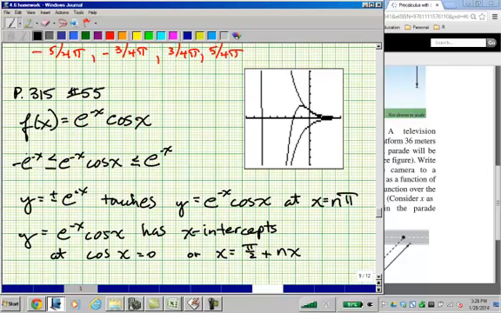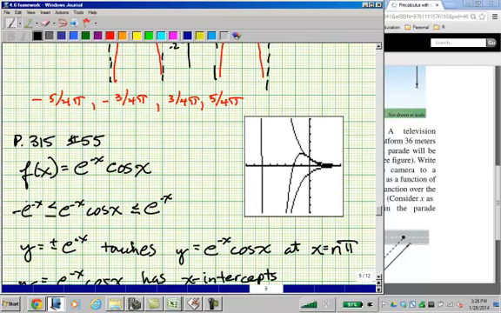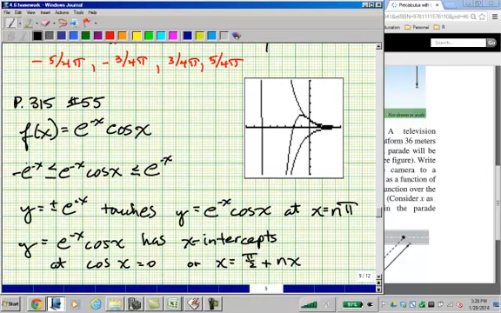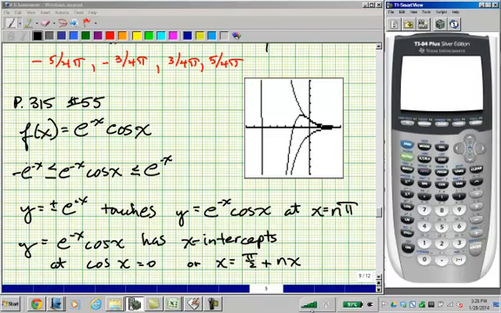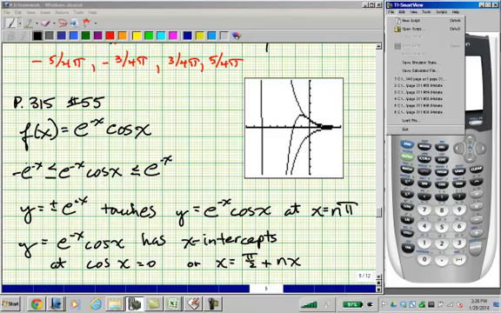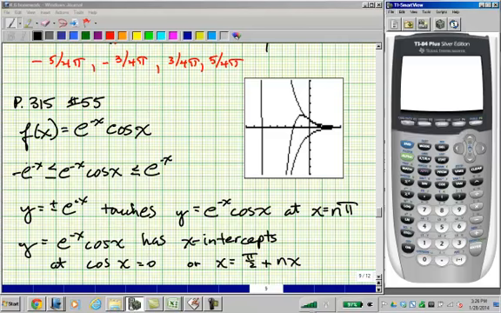Okay, so here's the graph. So let's see if I have, let's get my calculator up here. All right, so here's how we graph it. So we'll do e raised to the power of negative x, and that's this graph right here.